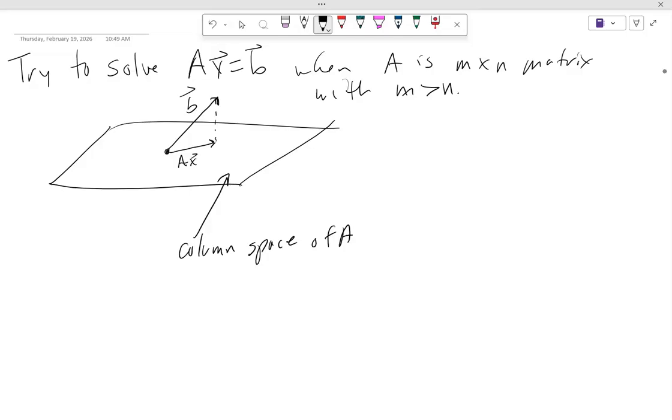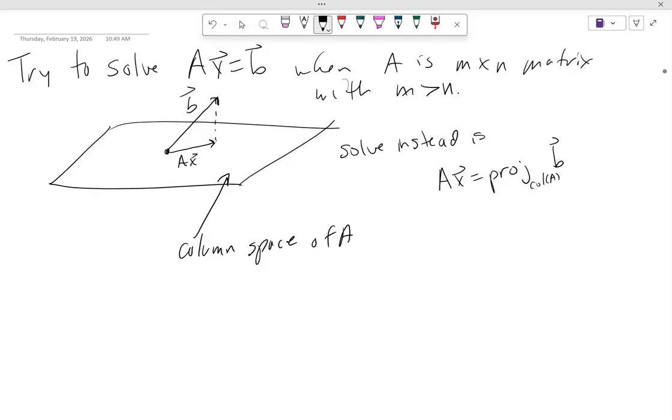And really what I'm trying to solve instead is this projection of the B vector into the column space of A. I'm going to take that shadow of my vector B. I'm going to force that shadow to be in the column space, to be a linear combination of the columns of A, and then solve that system instead.